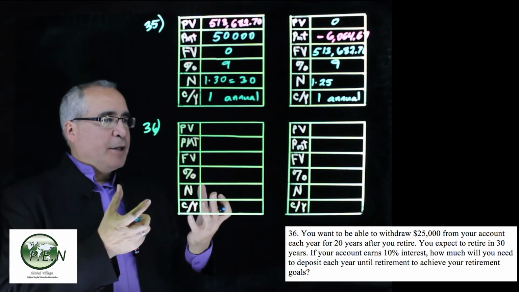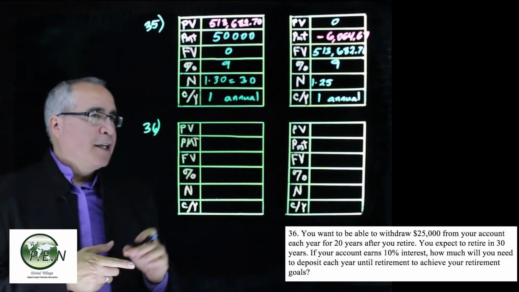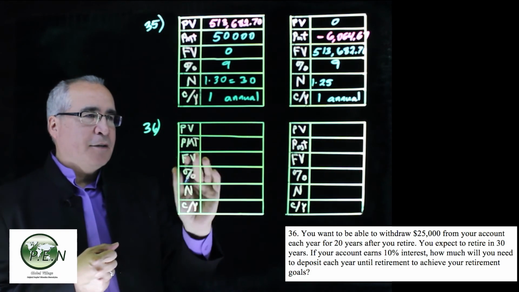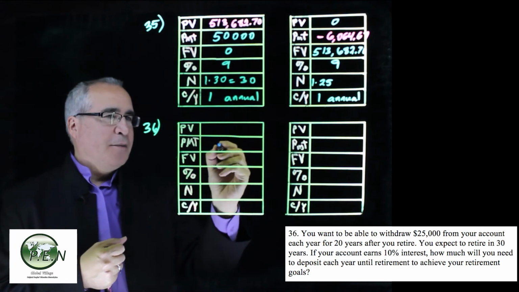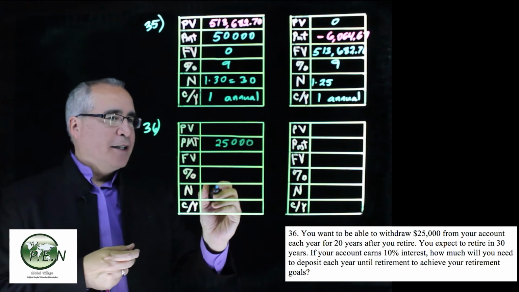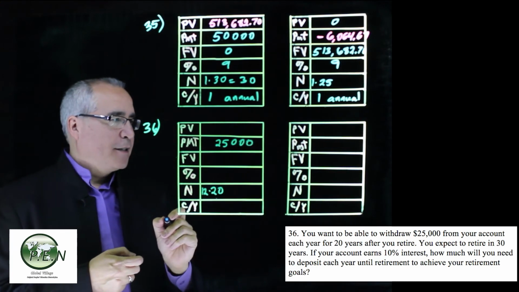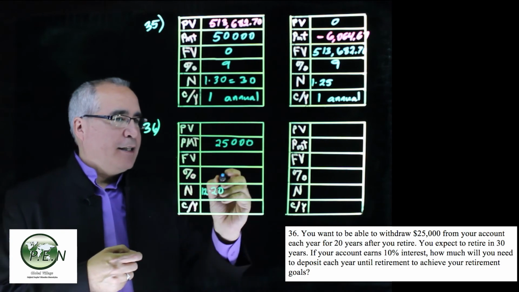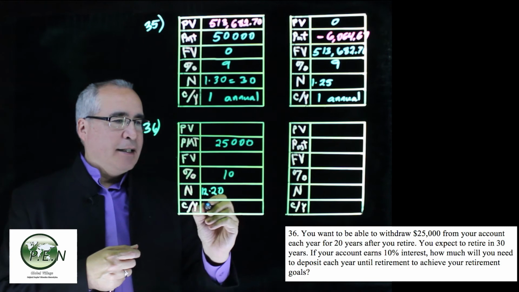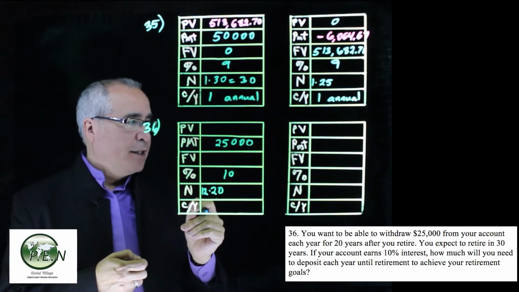So again, we want to be able to withdraw some money when we retire for so many years. So this one is our retirement planning scenario. This is the future. We want $25,000 to come back to us, and we're going to do it for 20 years. We get 10% interest this time, but we are still doing this on an annual basis each year.